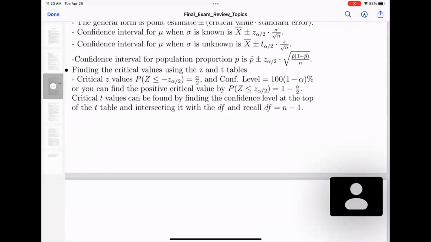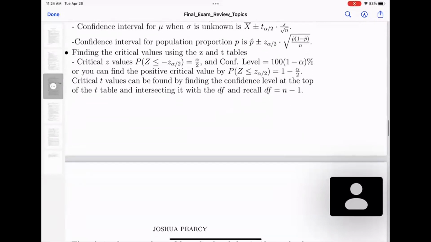So critical z values. This is whenever we have the probability of z being less than or equal to some negative z alpha over 2, and the area to the left of that is equal to alpha over 2. And I mentioned the confidence level is equal to 100 times 1 minus alpha percent.